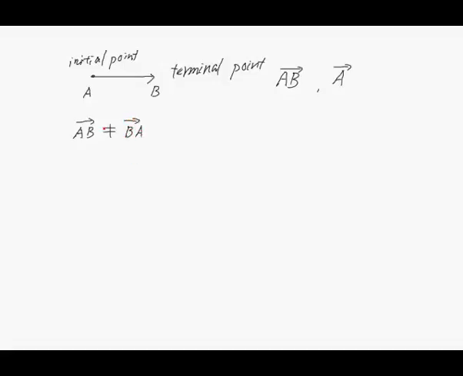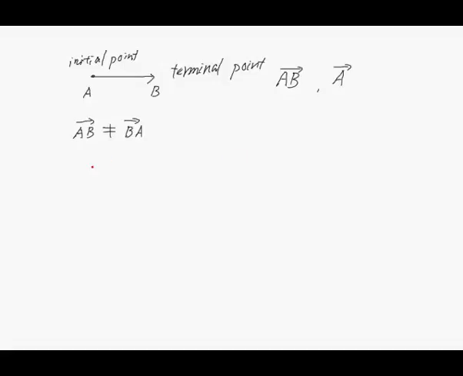In vector AB, A is the initial point and B is the terminal point. And in vector BA, B is the initial point and A is the terminal point. So they have different directions, although they have the same length, right?